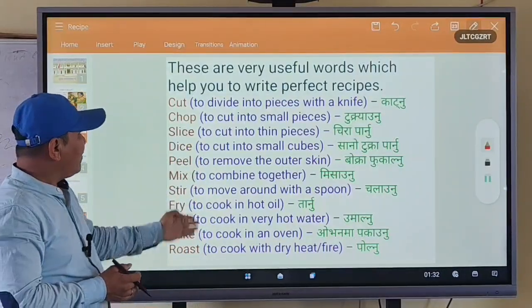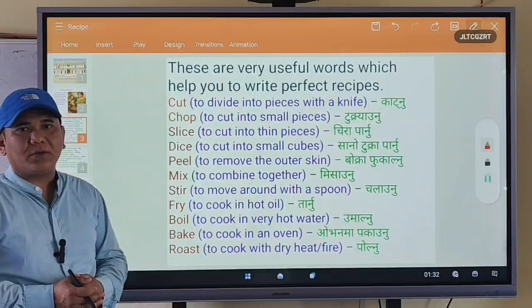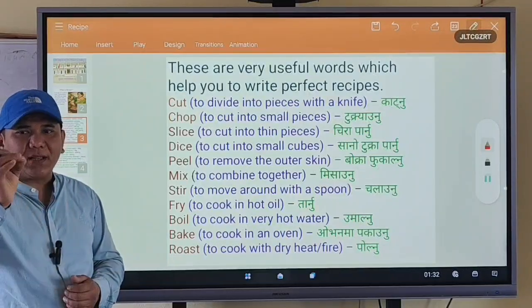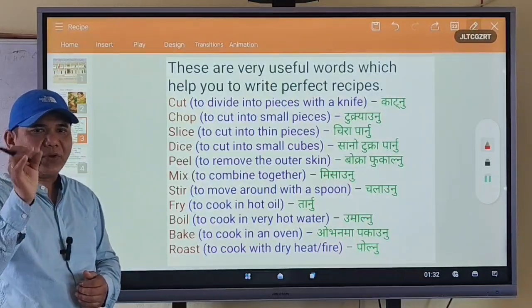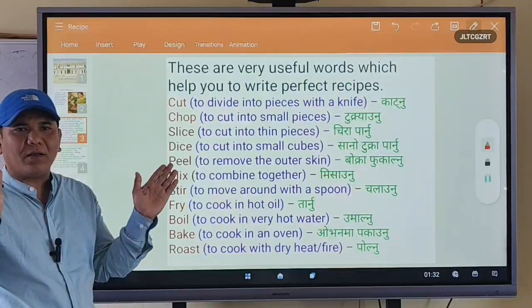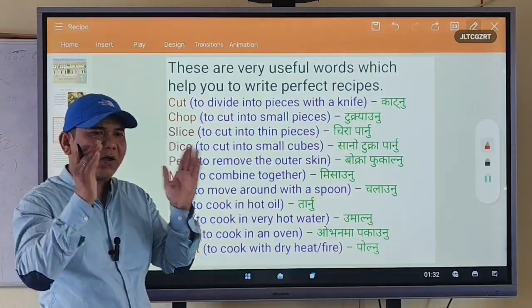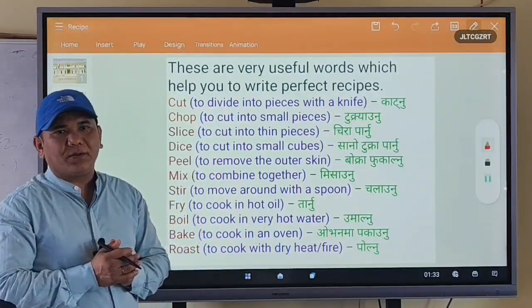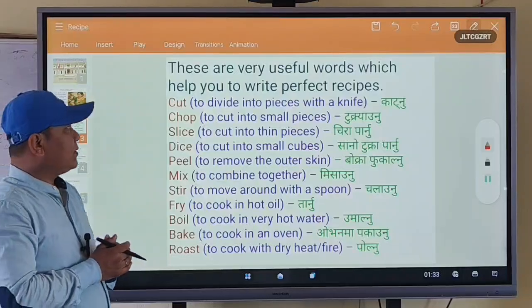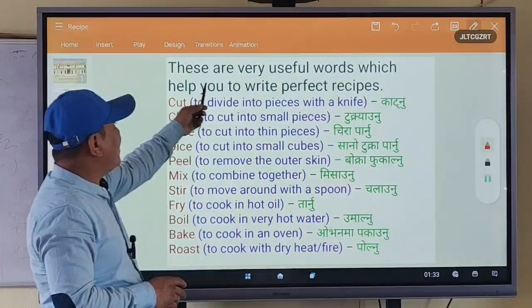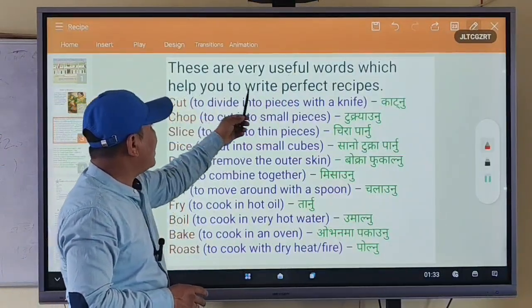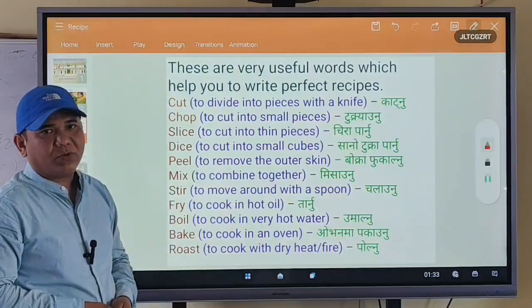These are very useful words which help you to write perfect recipes.